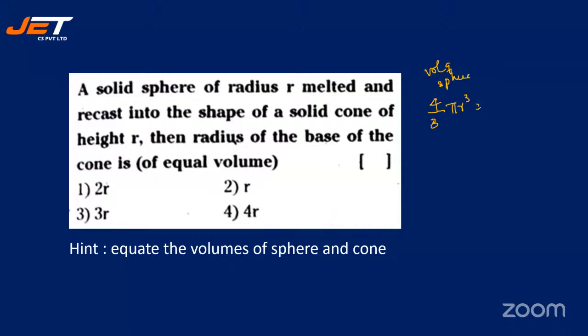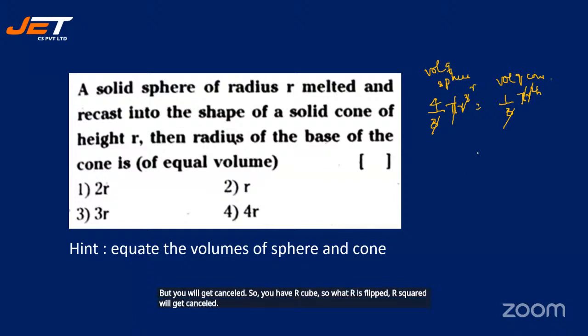When it comes to cone, it is 1/3 pi r square h. 1/3 pi r square h. This is volume of cone. Okay. So let's see how you are getting the answer. 3 will get cancelled. Pi will get cancelled. So you have r cube. So 1 r is left. R square will get cancelled. So what is left out?